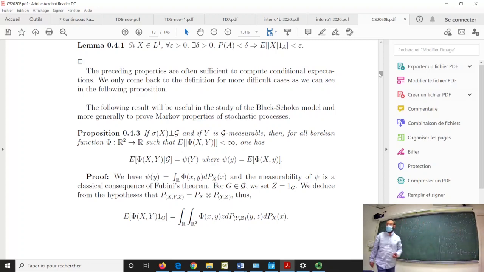I come back to the case of an expectation that I am able to compute here. What is this expectation? This is my phi that is defined this way. So in fact, this conditional expectation may be written as a function of bs. The function given by this expression, it's exactly the proposition 0.4.3 we have proved together. And what is this f of z? F of z is equal to the expectation of (bt minus bs plus z) squared minus t. Okay?